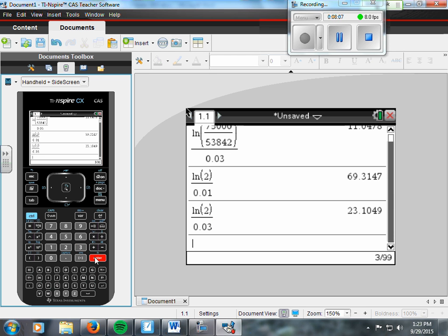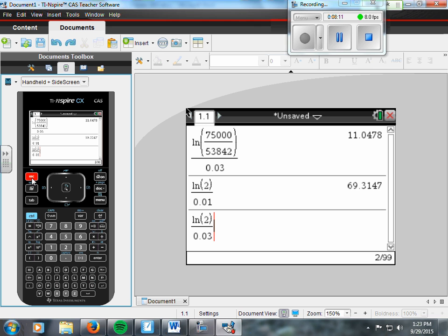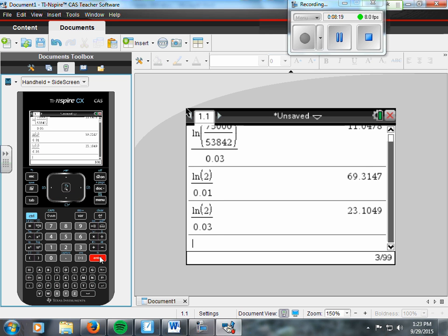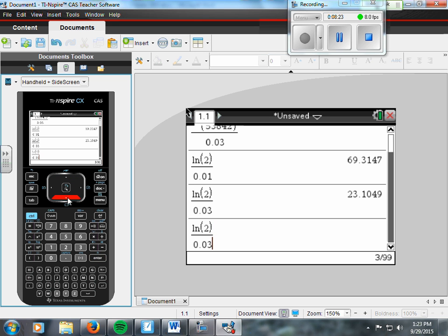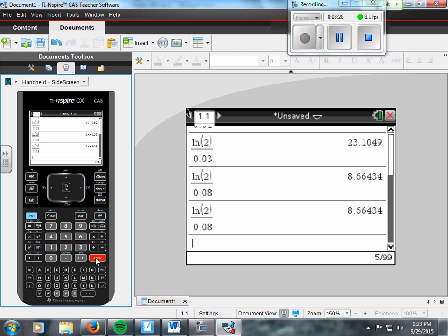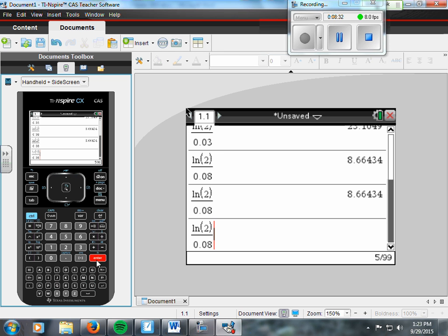And then 8%. And then I want 10, 11, and 12. Now notice this is changing by a lot.